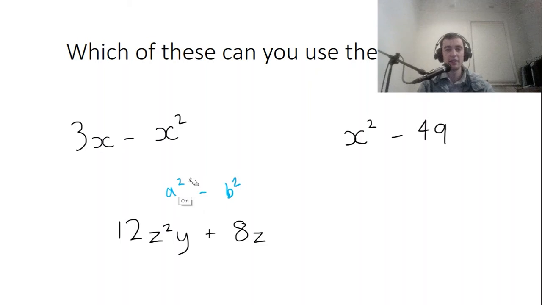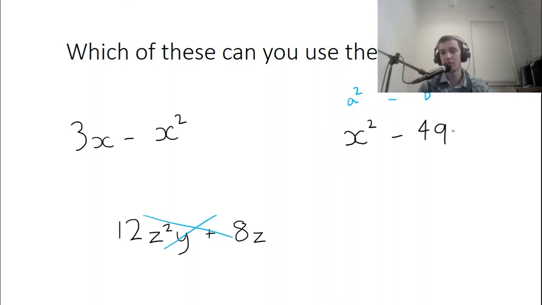So actually, this doesn't even work for this one, because you've got a plus instead of a minus there. This one works. You can see it all matches up. You've got a number squared here and a squared number here, because 49 is 7 squared. So a would be x, b would be 7. It all works.